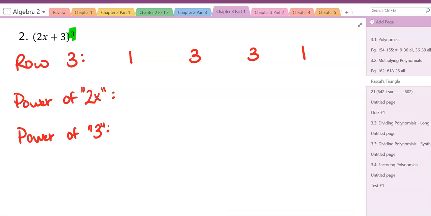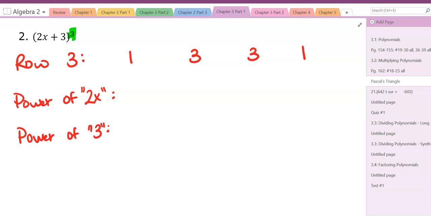Now, for these ones, you will want to be careful when you're writing out the 2x, because it's not just x that's being raised to a power like the one before had. Like the last one was just x plus 2, so we would just take x to the 5th, x to the 4th, x to the 3rd, and so on.